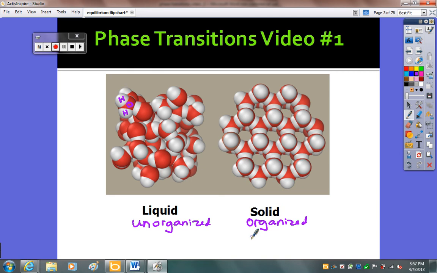So in the solid form, there are going to be more intermolecular forces, while in the liquid, there are going to be fewer intermolecular forces. When you go from the liquid to the solid state, you are making these forces and becoming organized, and it's getting colder and losing heat.